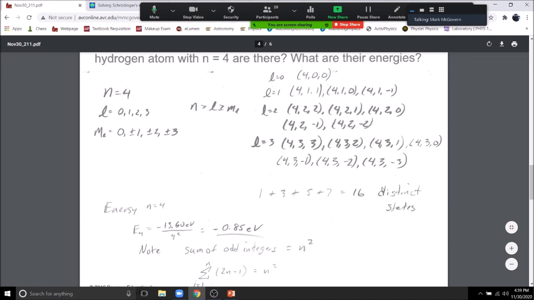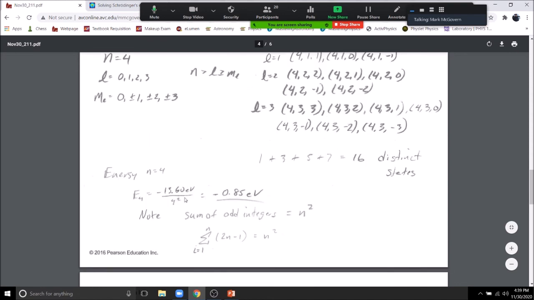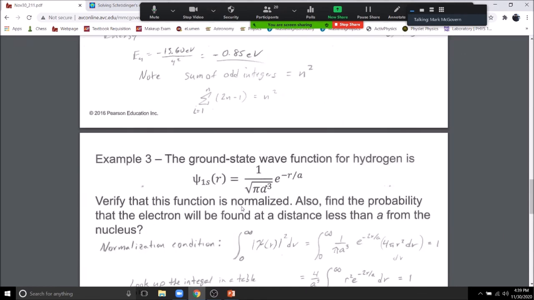Ultimately, you have 16 different states. All are the same energy. So it's given by the value of n, which is 4. So negative 0.85 eV is the energy of all of these states here. They all have the exact same energy.